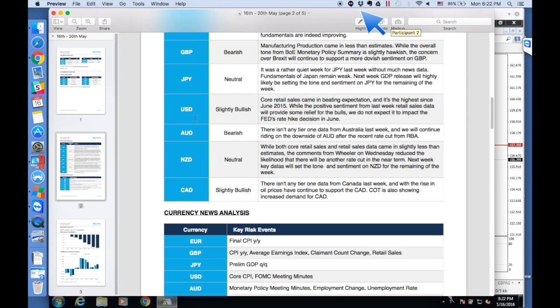NZD is neutral. Why I came up with this neutral is because you need to understand a little bit more. You need to read the central bank report, because if you don't read that, you won't have all this information. In the report, the comments from Wheeler, who is the chairman, on Wednesday actually reduced the likelihood of another rate cut, because they are monitoring housing prices and they fear that there's a bubble.